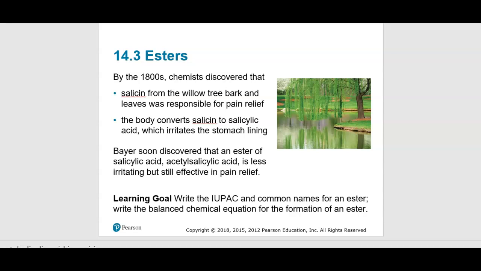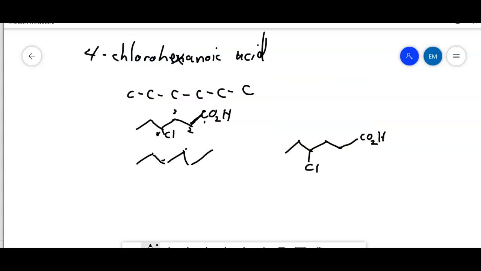Anyway, acetyl salicylic acid is where, let me draw this thing. They're talking about the irritating of the stomach lining. You have, here, let's draw salicylic acid.